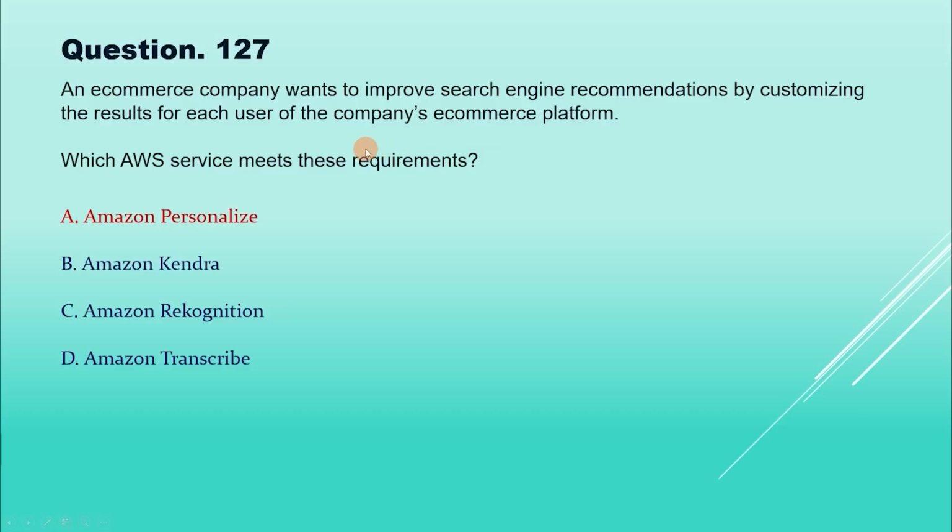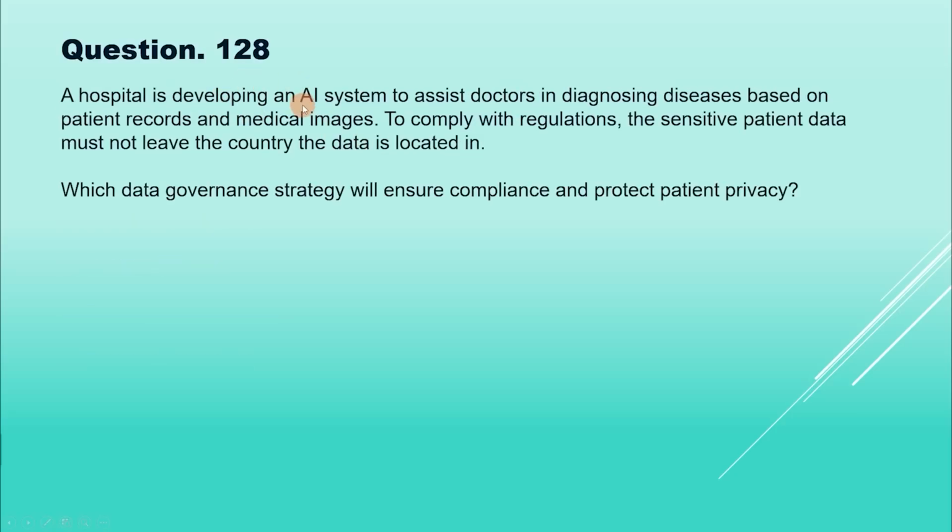Now question number 128. A hospital is developing an AI system to assist doctors in diagnosing disease based on patient records and medical images. To comply with the regulation, the sensitive patient data must not leave the country the data is located in. Which data governance strategy will ensure compliance and protect patient privacy? Option B, data quality. Option C, data discoverability.